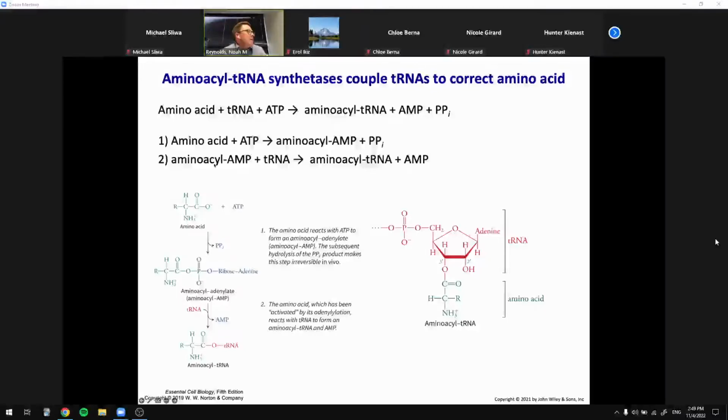And then the next step, it takes that aminoacyl adenylate and the tRNA and hooks those two together, and then releases the AMP. And so in this reaction, right, ATP got hydrolyzed and pyrophosphate released. So the energy from the ATP now is used to form this ester bond.